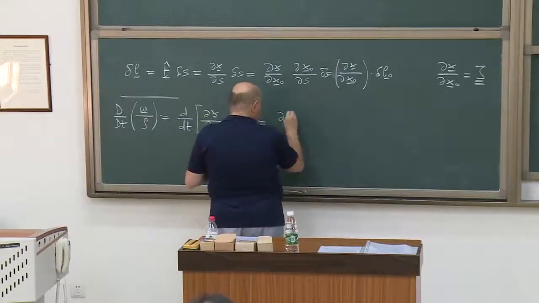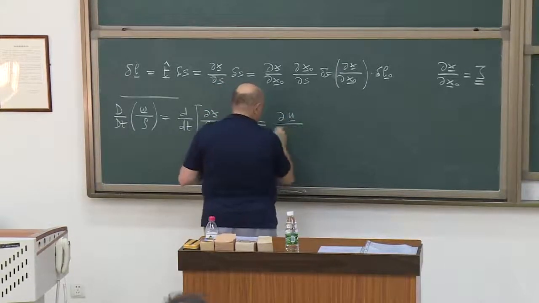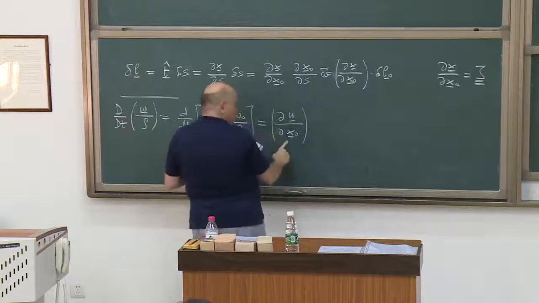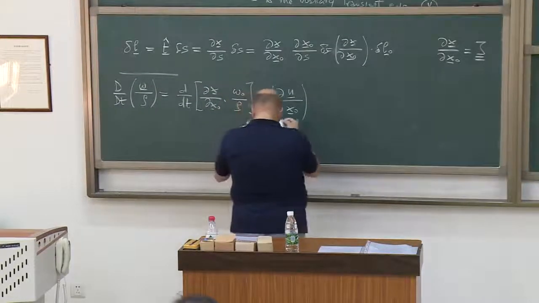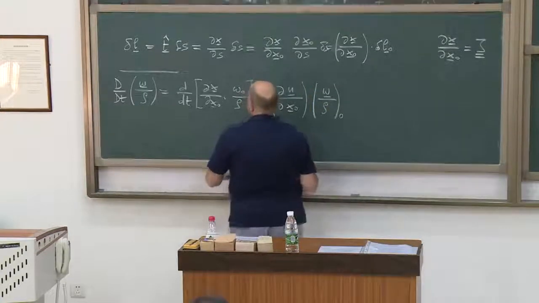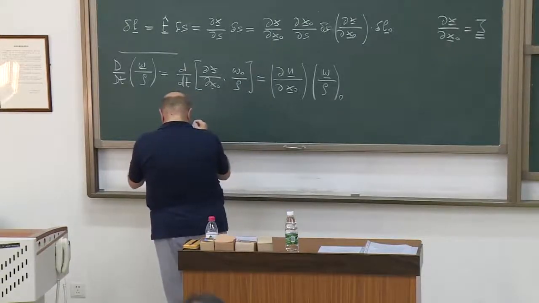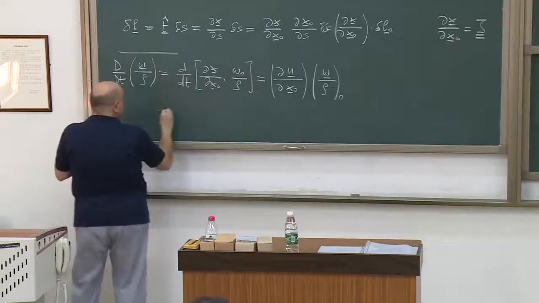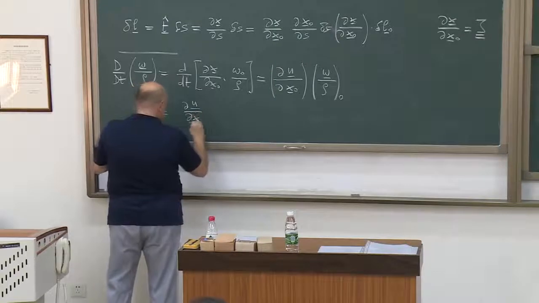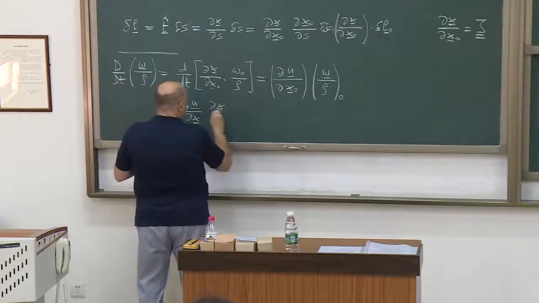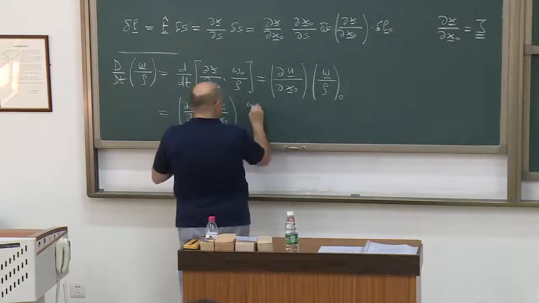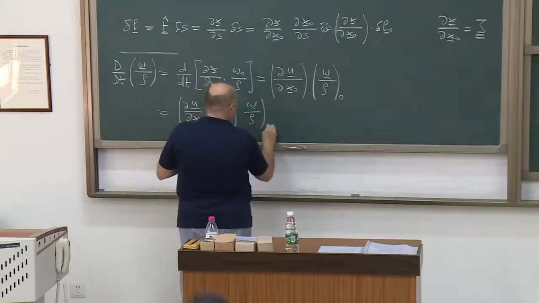So we have the transformation of u with respect to the initial position. So this is also a matrix, and this is times omega over rho at the initial stage. All right, so we can go on. We have du over dx, dx over dx0 times omega0 over rho0.